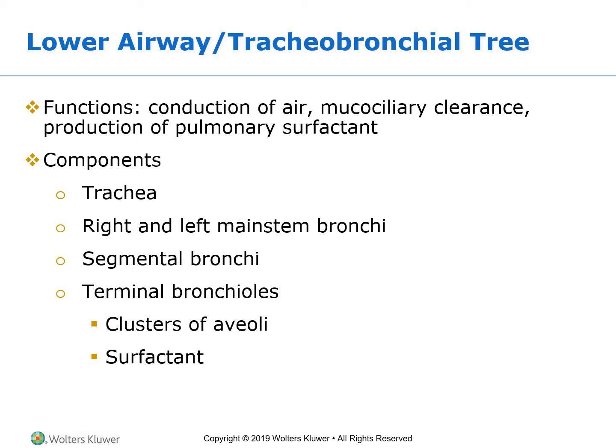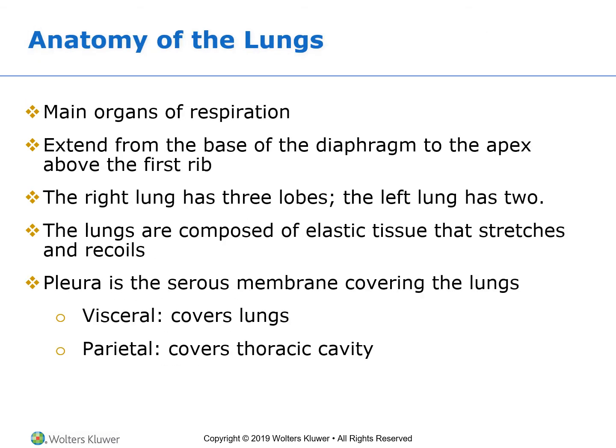drink plenty of fluids. The lungs themselves are considered the main organs of respiration, and they're located in the thoracic cavity on the right and left sides. The right lung has 3 lobes, the left has 2, and they're composed of elastic tissue that stretches and recoils. You might hear people talk about lung compliance, and this is what we're talking about.